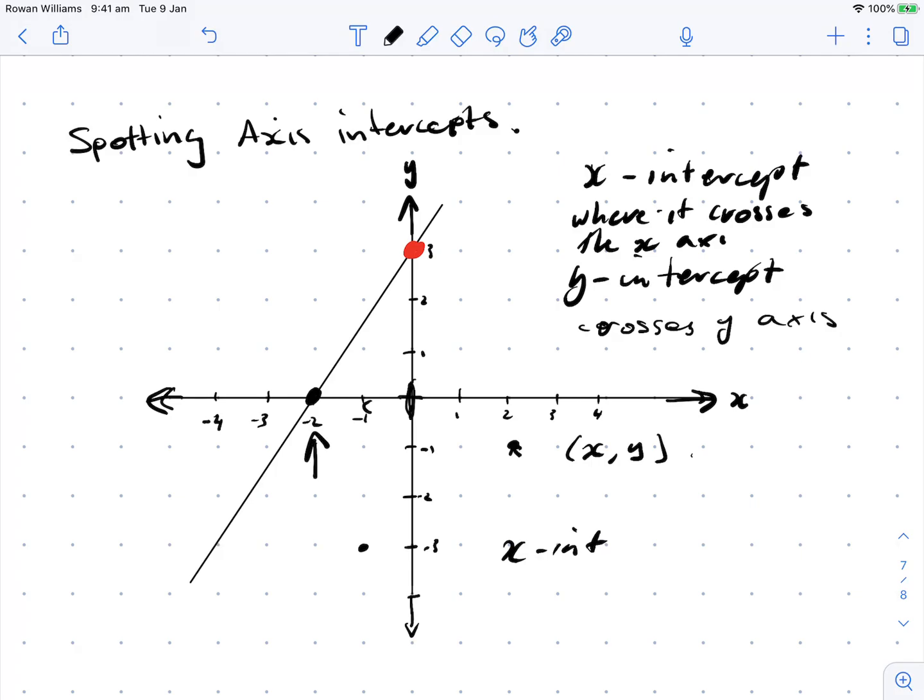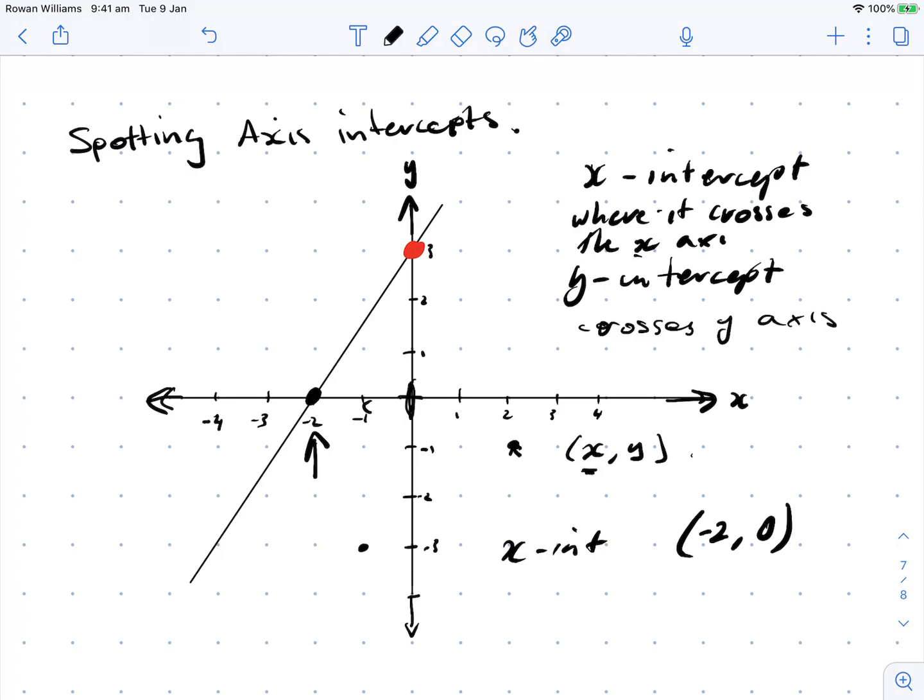How far have I gone in the x direction, because I always put x first? And then how far have I gone in the y direction? So the x-intercept is 1 minus 2 in the x direction. And then I've gone nowhere up and down. I'm right on the x line, so that means I'm at 0 in the y direction.